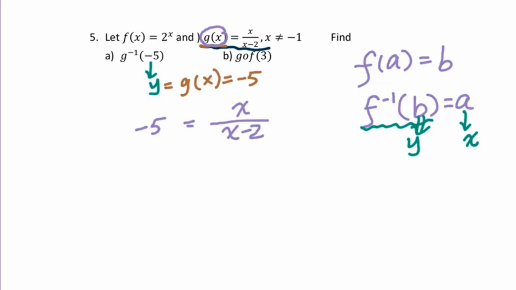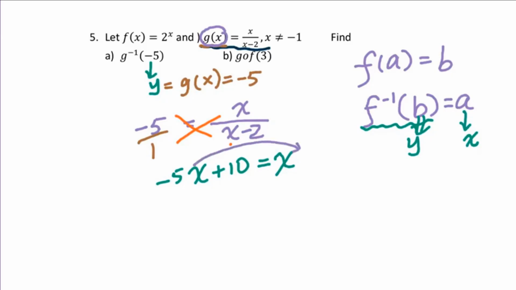Then we solve for x. We do cross multiply. Negative 5 times x, that's negative 5x. Negative 5 times negative 2 is positive 10 equals 1 times x is x. This is a linear equation, so add 5x to both sides.